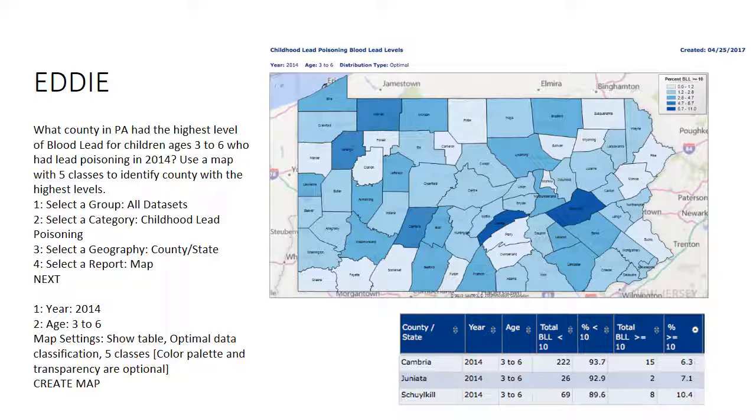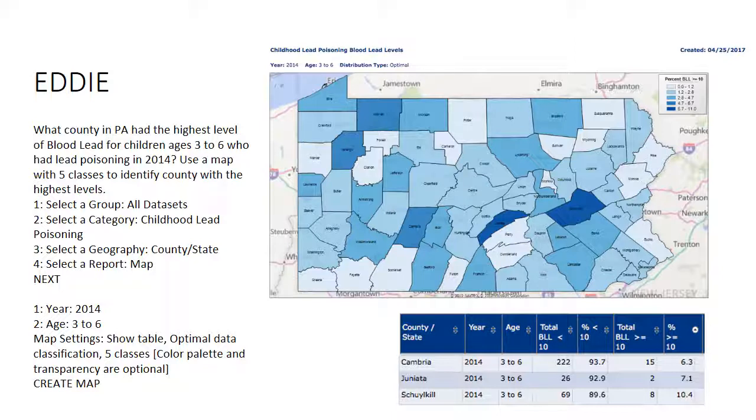In Cambria, there were 15 out of a total of, I think, 237. If you look at the next column, it gives the percent. And in Juniata County, there were 2 out of 28, which is 7.1%.